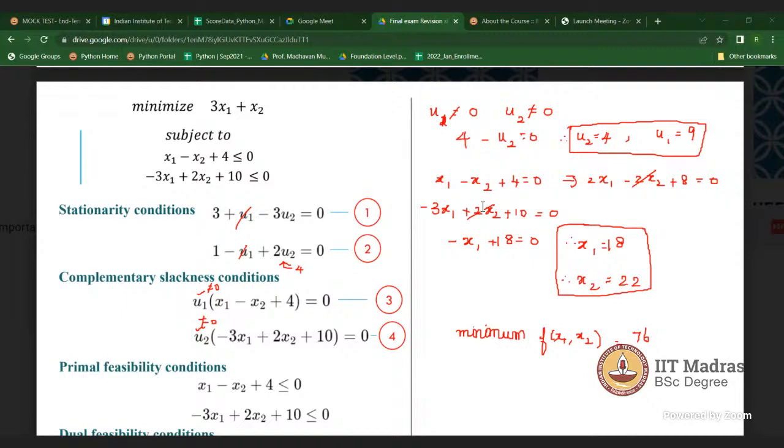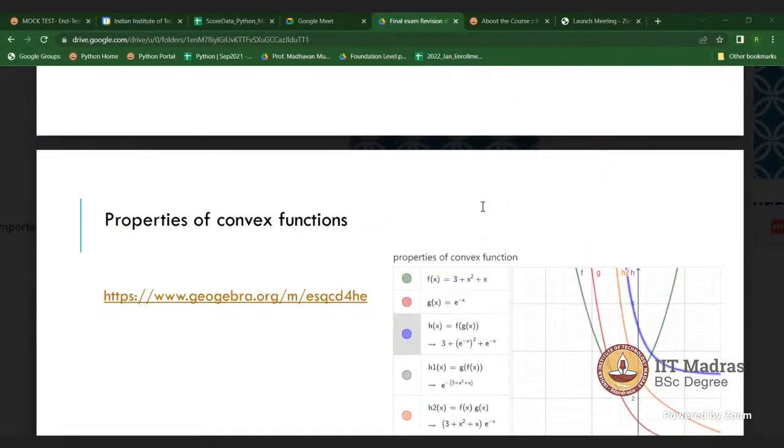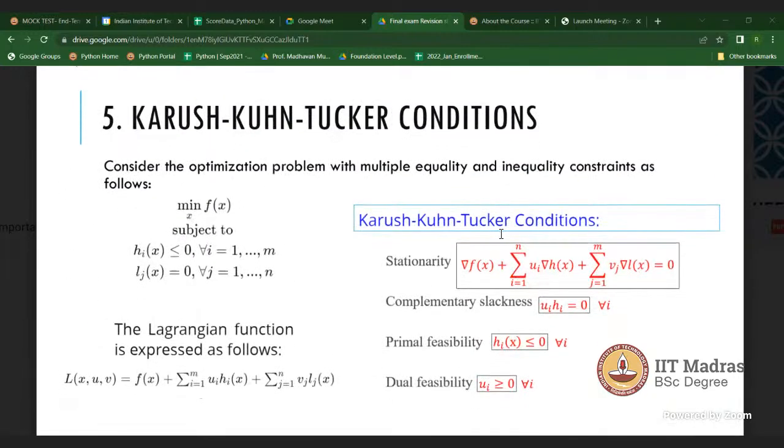Our original problem is to minimize some function, and there are some constraints. By combining the original function and the constraints, we make the Lagrangian function. Then we differentiate the Lagrangian function and make it 0.